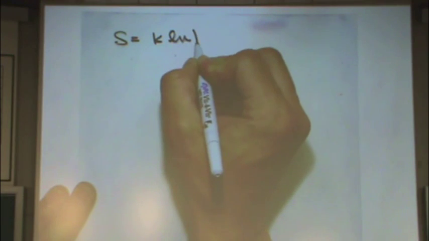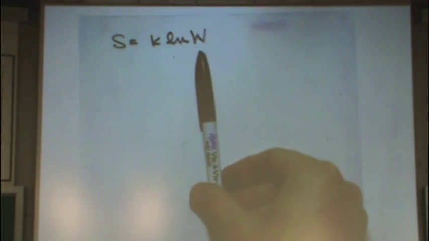This would probably be a multiple choice sort of question. K is a constant, W is the number of microstates, and S is entropy. This is a way to find entropy, and it's also the definition of entropy. Entropy increases as the number of microstates increases. The more states a mixture or compound could occupy, the higher the entropy.